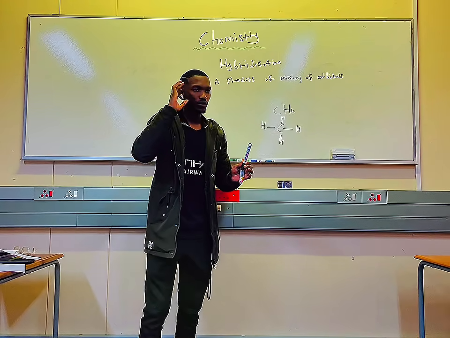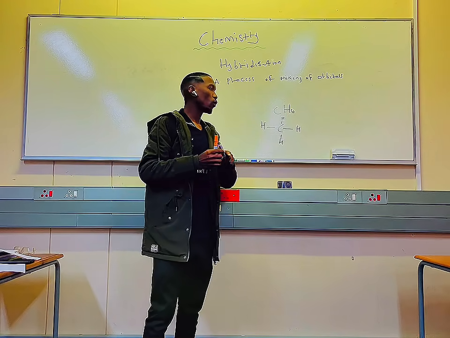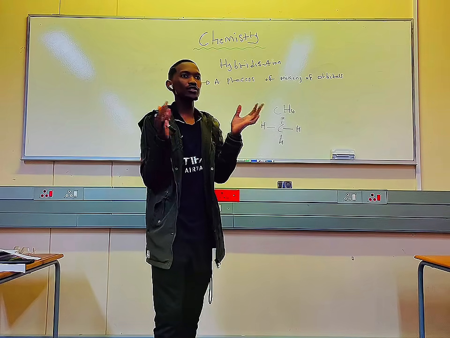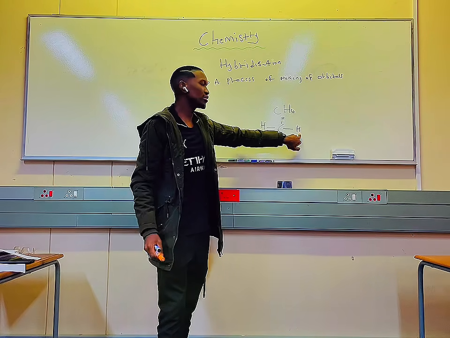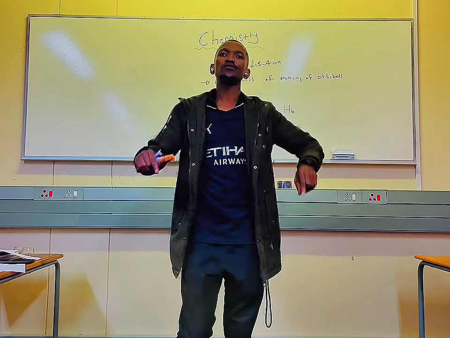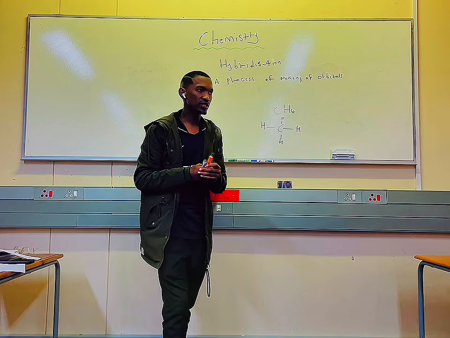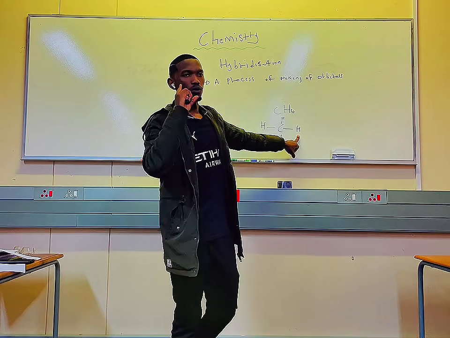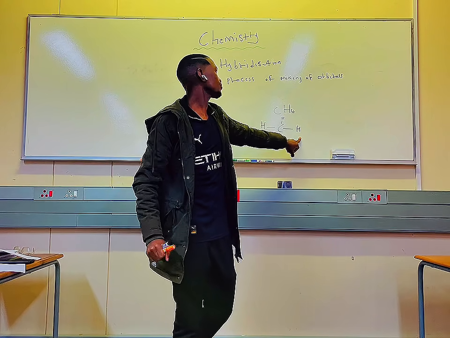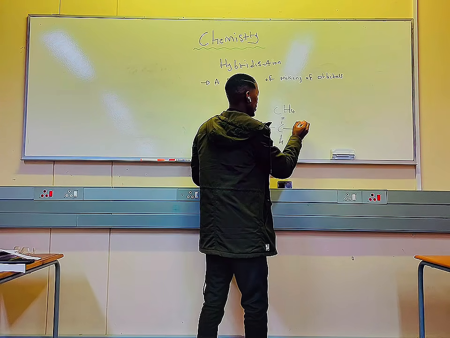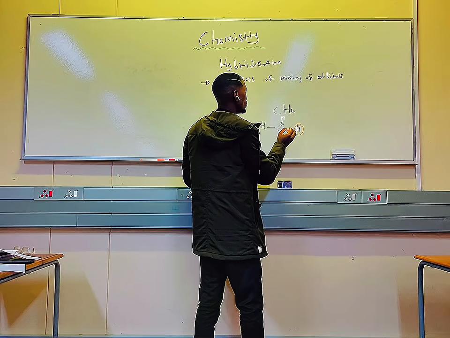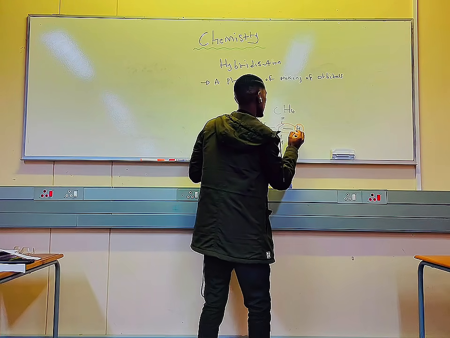I want you to know that the 1s orbital is found in the lowest energy level. Hydrogen, since it has 1 electron and 1 proton and is the first element in the periodic table, has an s orbital only. So we expect this to bond with something like this.